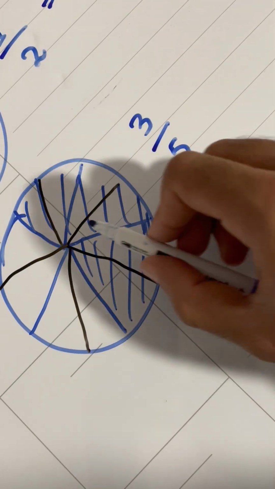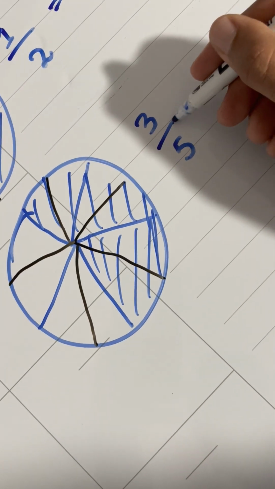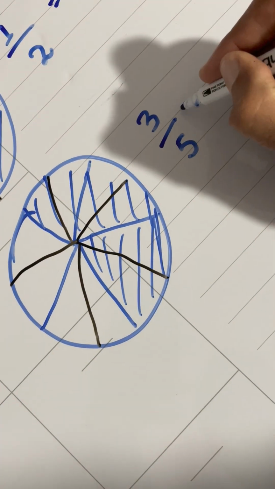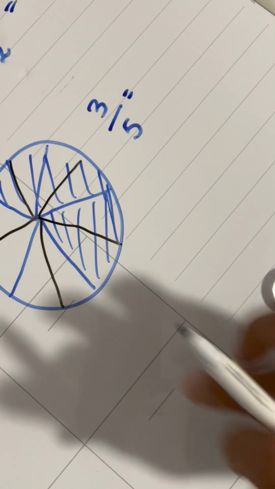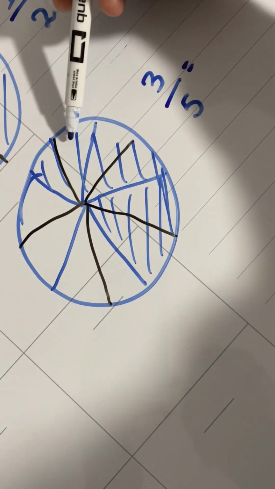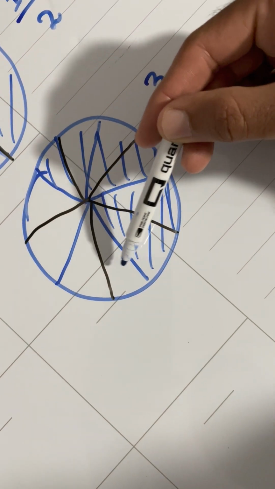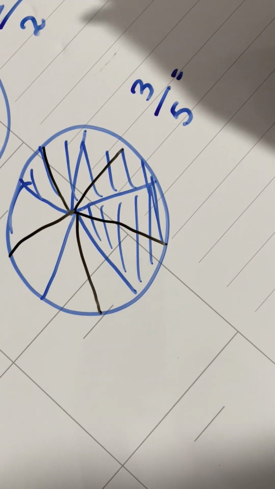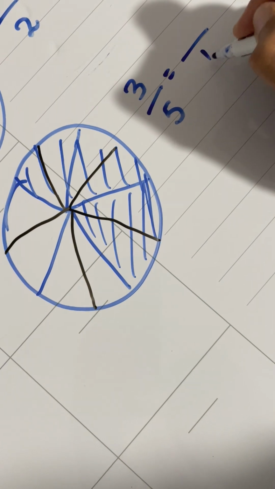If we only take those blue lines, we can see it as 3 by 5. And if we take blue and black simultaneously, then we can see it has 1, 2, 3, 4, 5, 6, 7, 8, 9, 10 overall parts.